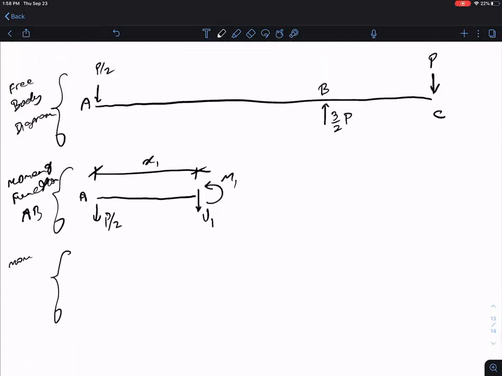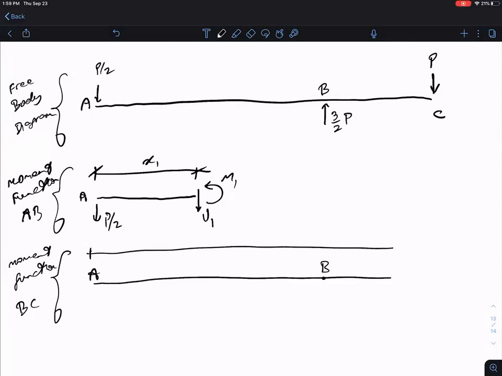And we can do the same for BC, right? So we also want to get a moment function for BC. So let's draw the associated free body diagram. So we have point A, we have point B. The distance we'll define as x2. We can add in our support reactions.